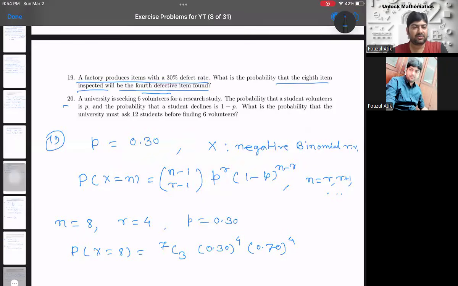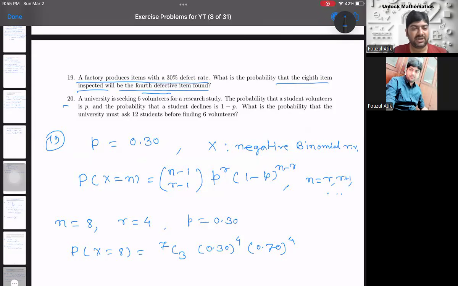Then the question is, what is the probability that the university must ask 12 students before finding 6 volunteers? So the university will pick one student and ask whether they want to be part of the committee or not. So the student may agree or may decline. So the agreeing probability is p, that means the probability of success is p, and the probability of failure is 1 minus p, that means the student declines.